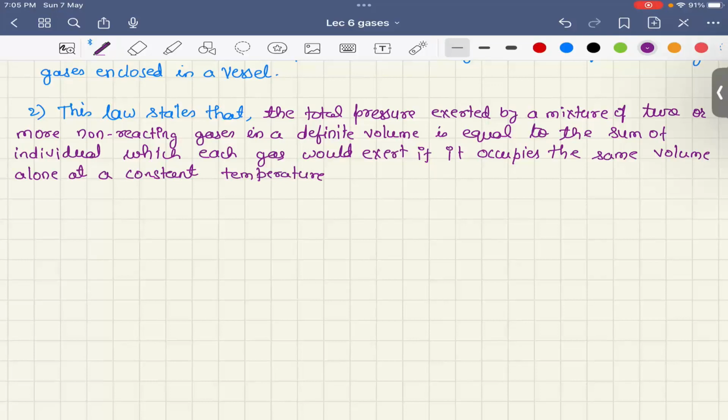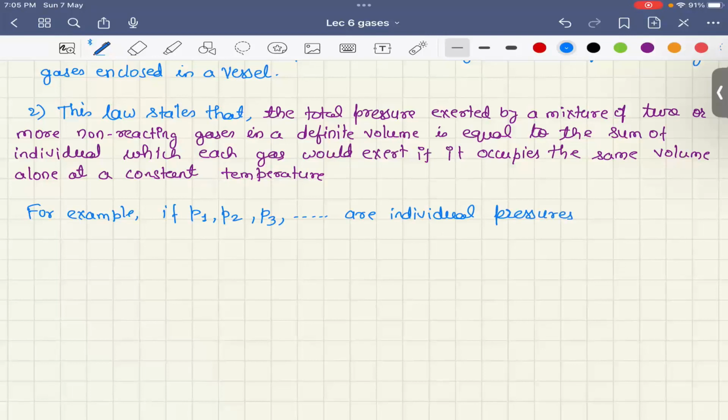To understand in detail, let us take an example. For example, P1, P2, P3, and so on are individual pressures of gases, known as partial pressures.